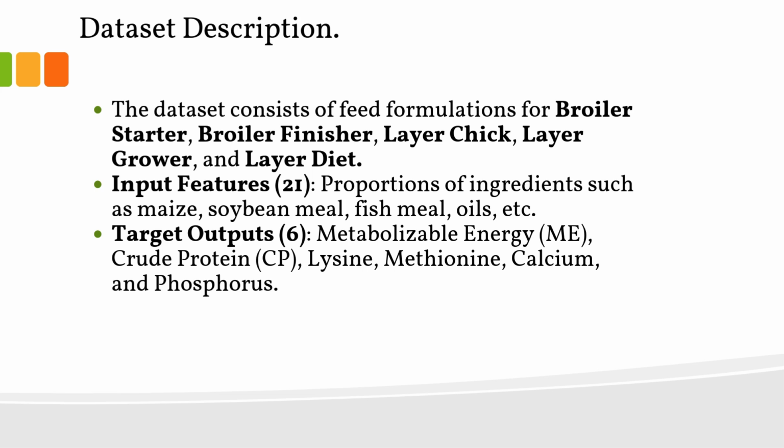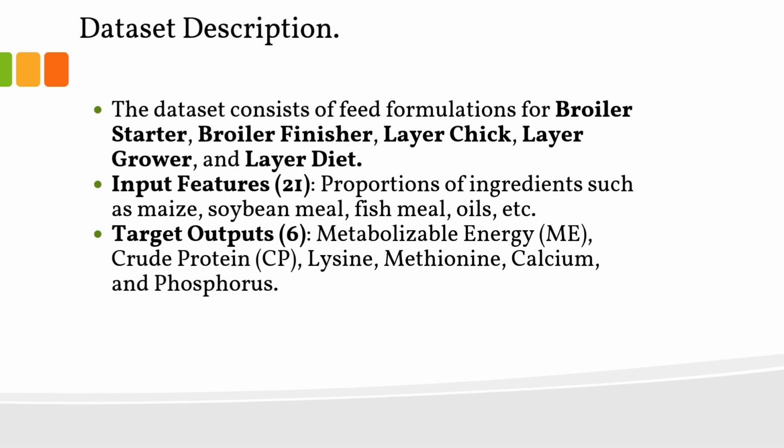Then the target outputs are the energy that will come out, the proportion of energy from the mixture that you've made up, and the crude protein. When you see CP, we're talking about crude protein, and ME is metabolizable energy.